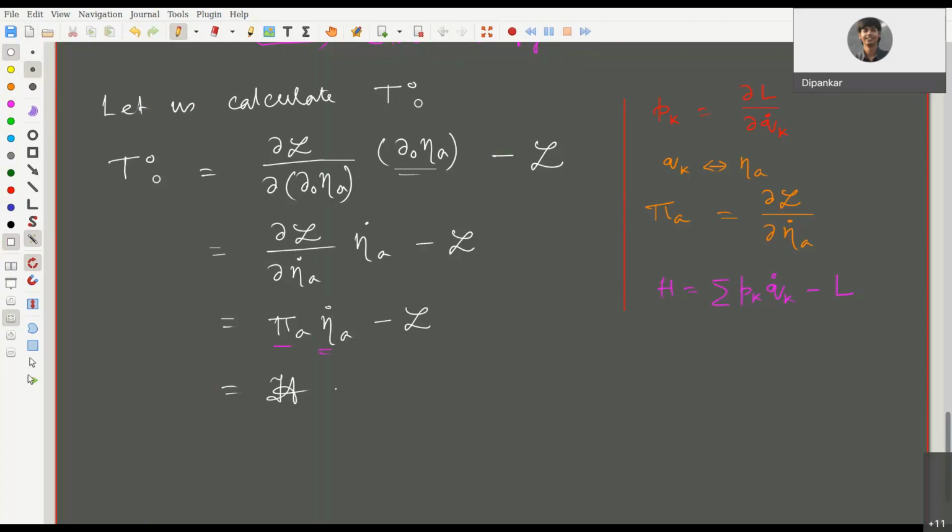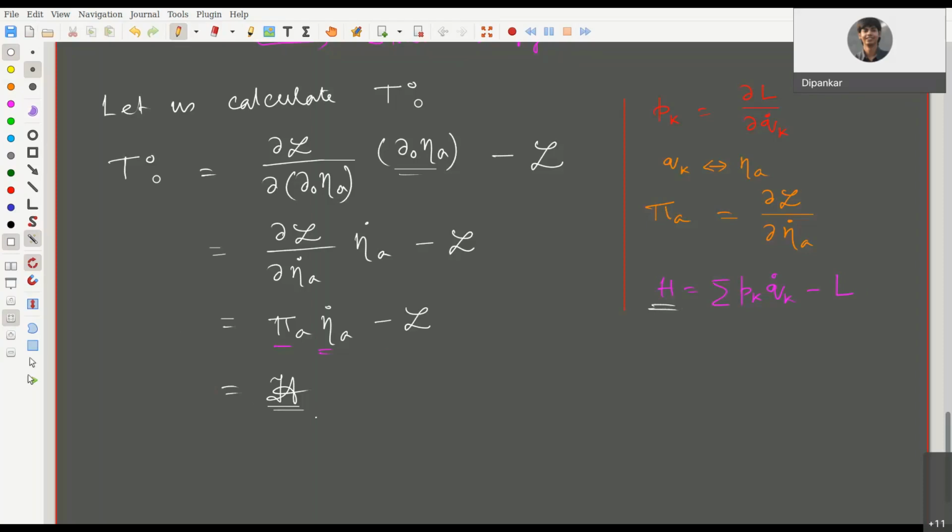So I find out that the 0, 0 component of the stress energy tensor gives me something like a Hamiltonian density. And since I know that there is a connection between the Hamiltonian and total energy, this Hamiltonian density can somehow be connected to the total energy density.